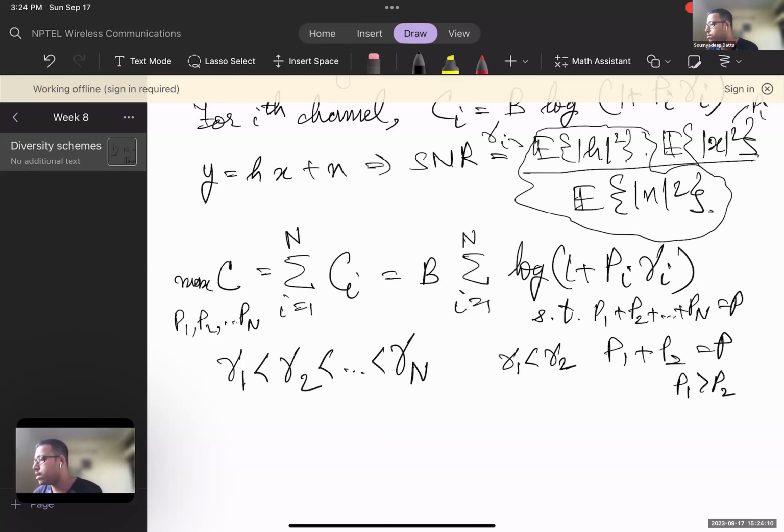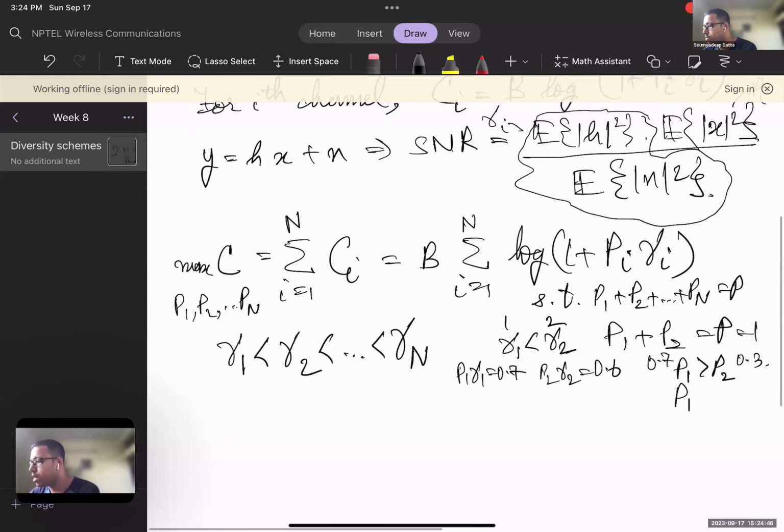like, we can take values and see also. Let's say gamma 1 is something like 1, gamma 2 is something like 2, and total power P is equal to 1. So P1 is, let's say, 0.7, P2 is 0.3. If I do P1 greater than P2, then P1 gamma 1 is 0.7, and P2 gamma 2 is 0.6, right?